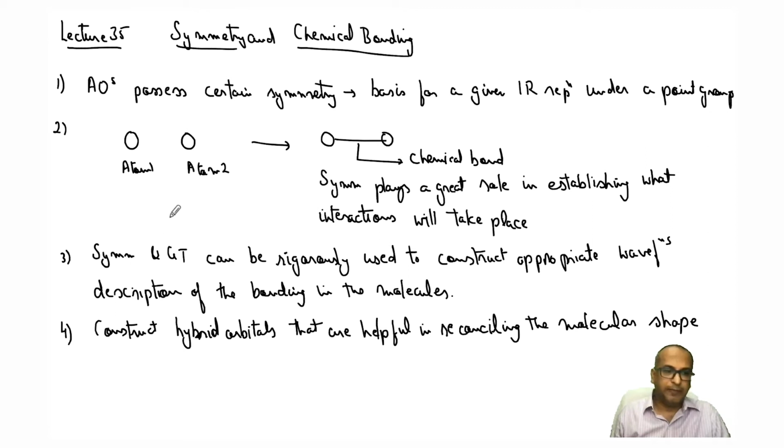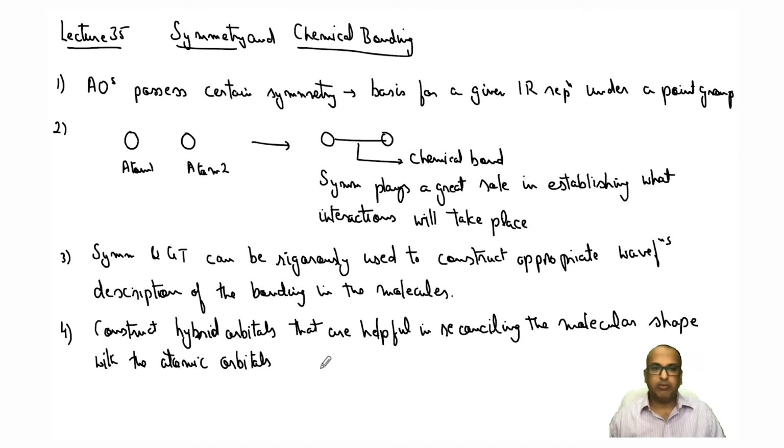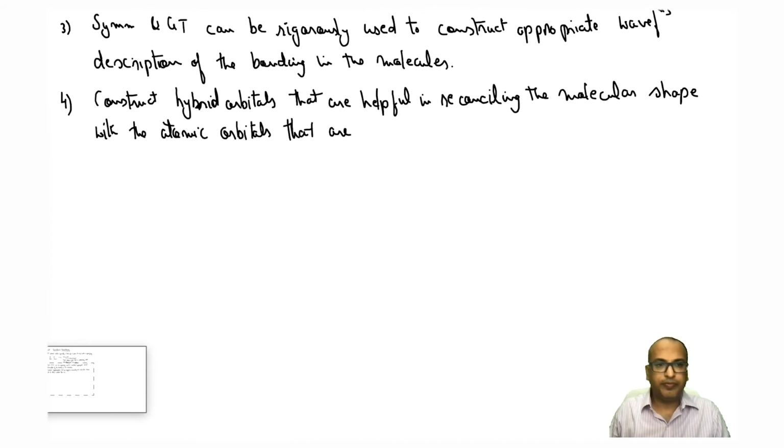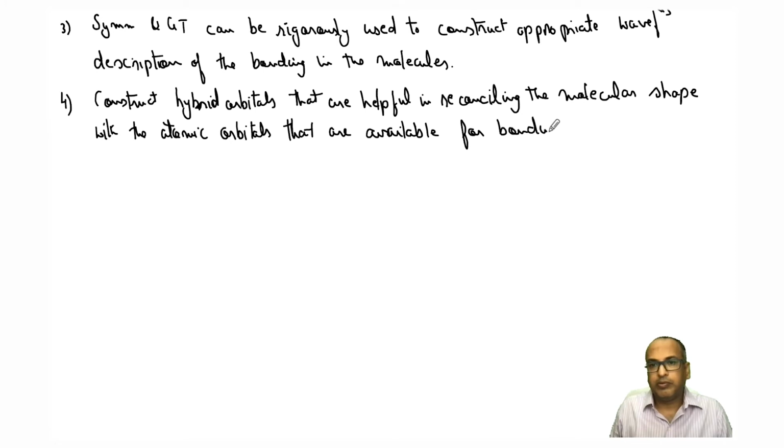So hybrid orbitals will be constructed from the atomic orbitals. For example, one 2s and three 2p orbitals combine to give four sp3 hybrid orbitals that are oriented along tetrahedral geometry in carbon in CH4, right? These are hybrid orbitals that are available for bonding.